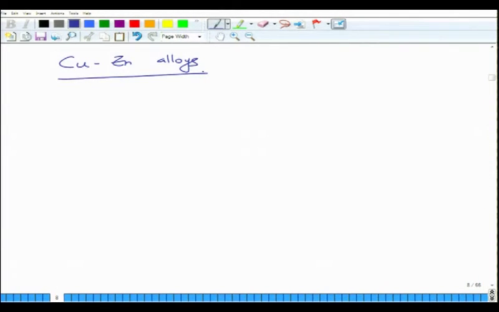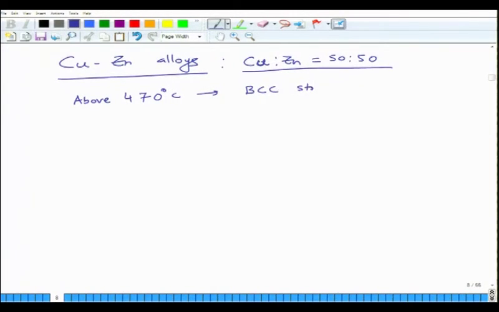Okay. Now, this is with the Cu to Zn ratio of 50:50. So, above 470 degrees centigrade or so, it makes a BCC structure.